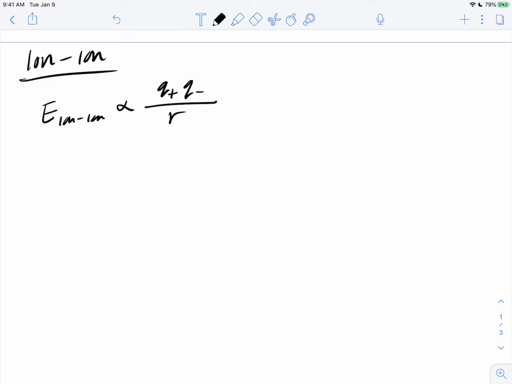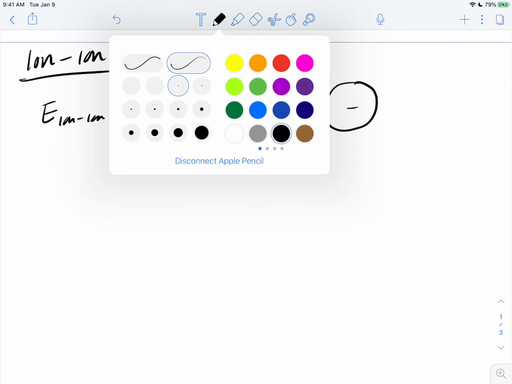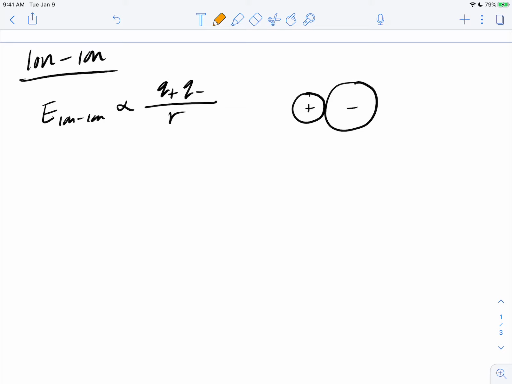If we look at what this might be, we have a positive charged ion and a negative charged ion, and there are distances.